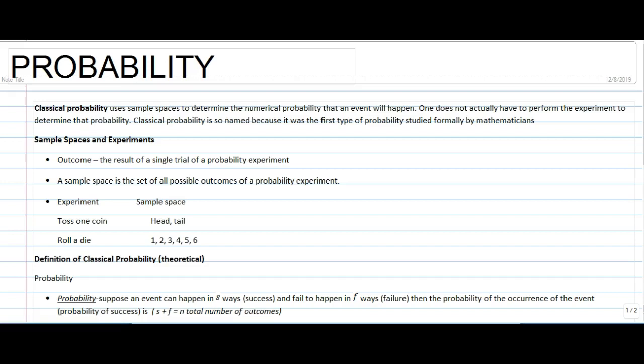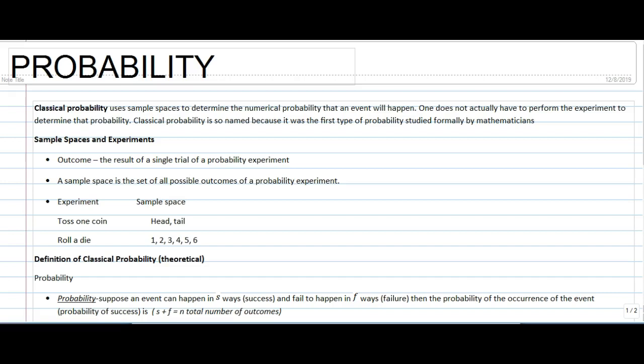Before I deal too much with the concept of probability, there are some associated terms. An outcome is the single result or trial of a probability experiment. A sample space is a set of all possible outcomes of a probability experiment.